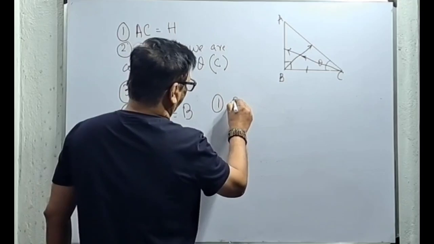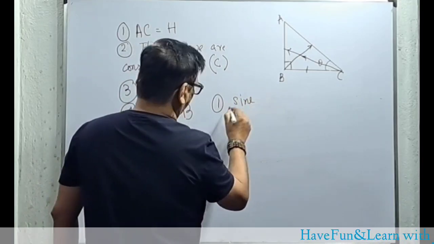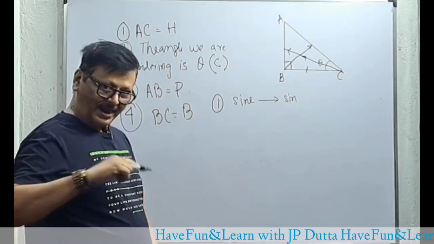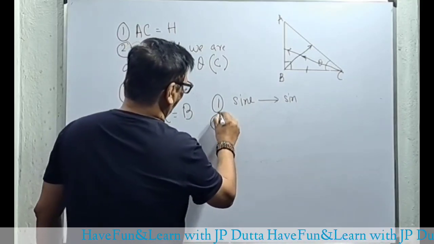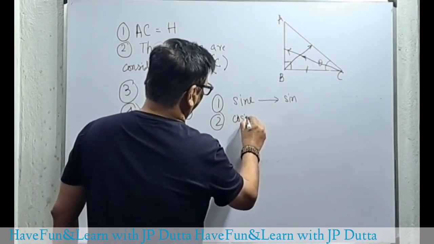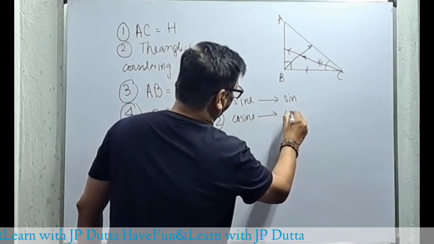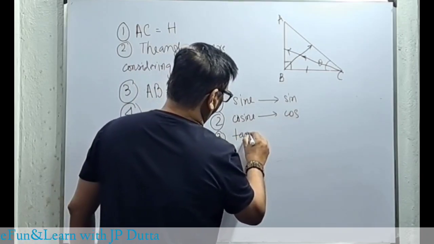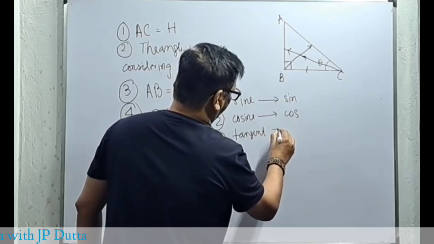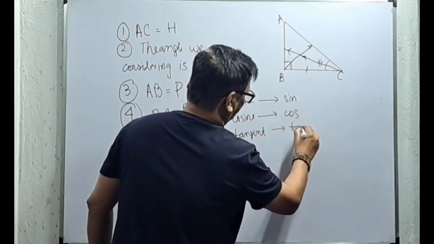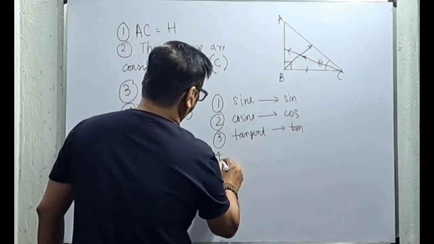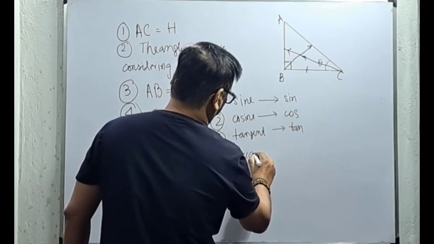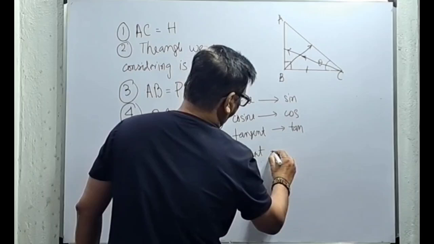Now we have 6 trigonometric ratios. Number 1, sine, which is written as SIN, not sin but sine, right? Number 2, cosine, which is written as cos. Number 3, tangent, we call it tan. Then comes number 4, cosecant, we call it cosec.